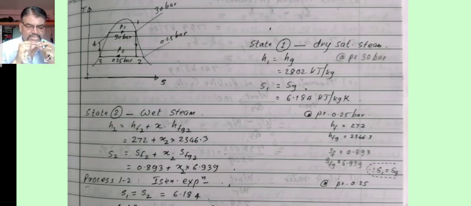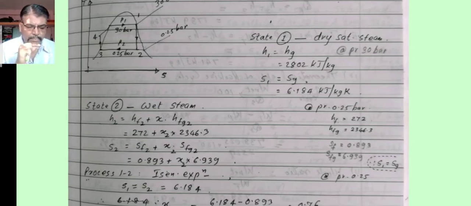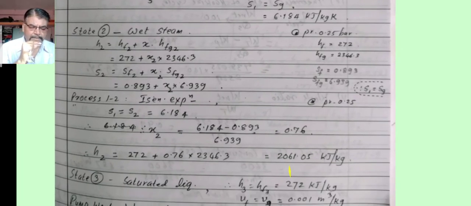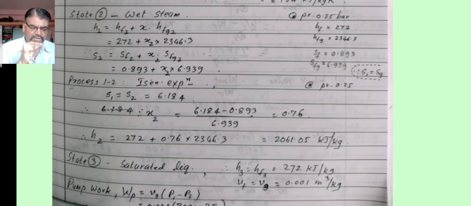Now let us consider state 2. At point 2 the condition or quality of the steam is wet steam, so we write the equation H2 is equal to HF2 plus X HFG2. At point 2 the pressure is 0.25 bar. From the steam table, for 0.25 bar, we can get HF and HFG.